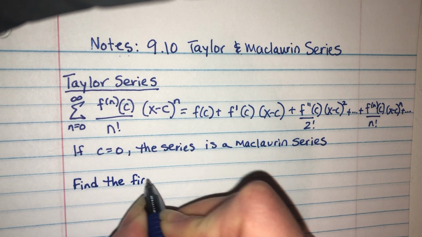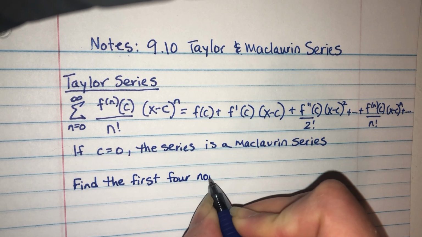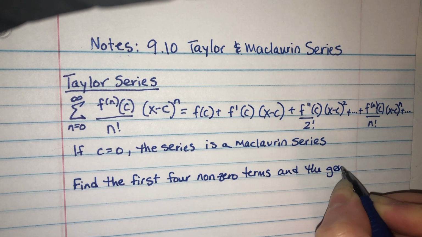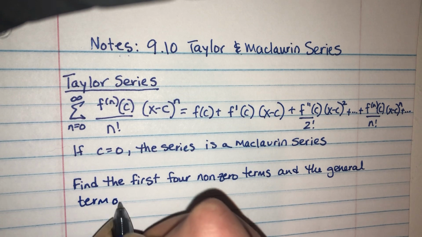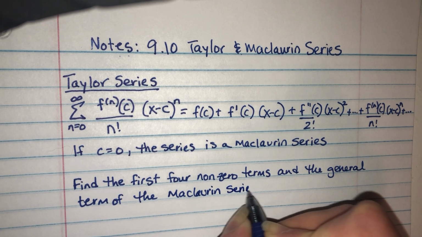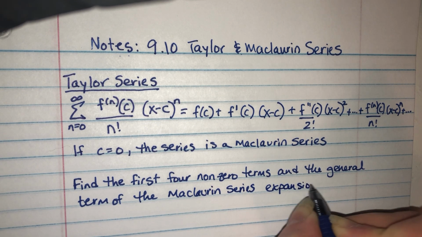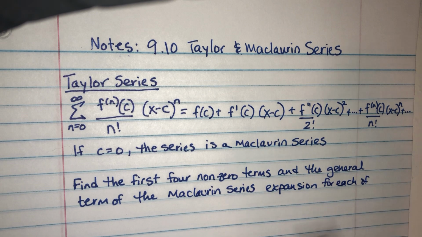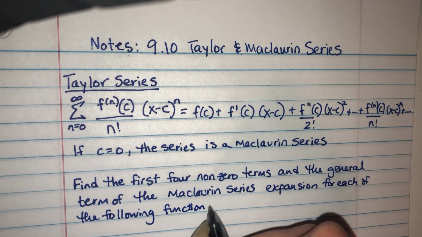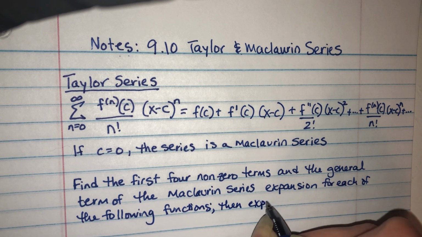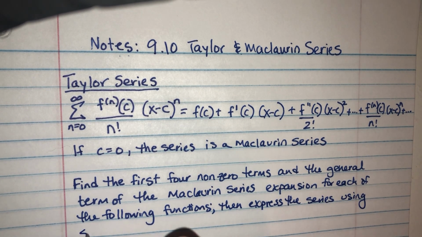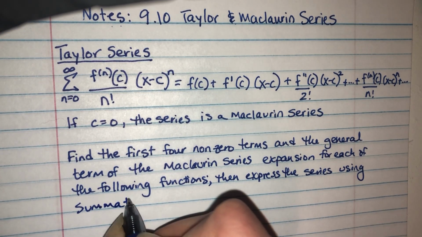We are going to find the first 4 non-zero terms and the general term of the Maclaurin series expansion for each of the following functions, and then we're going to express the series using summation notation.